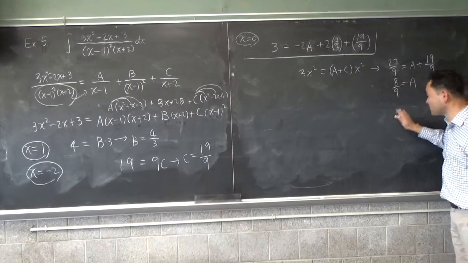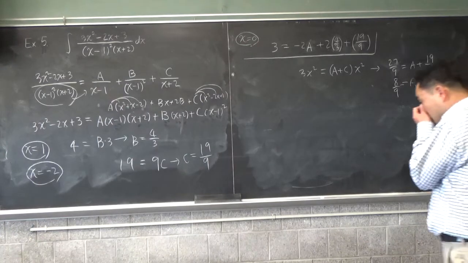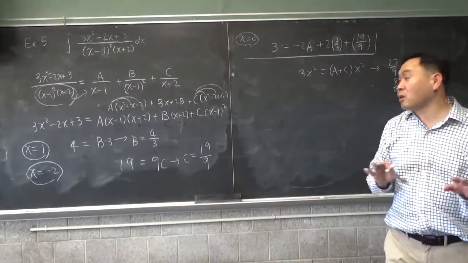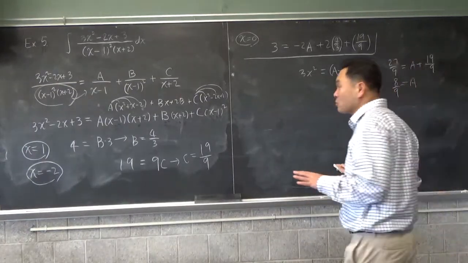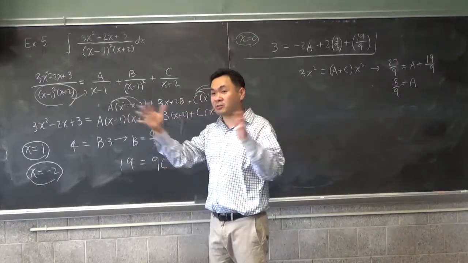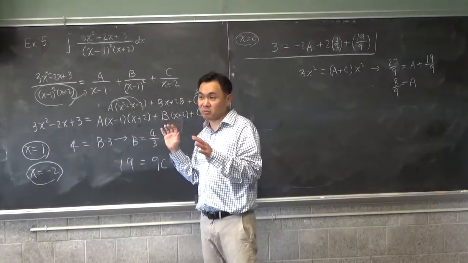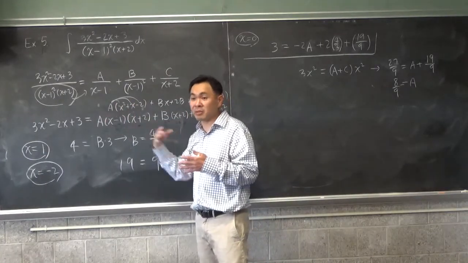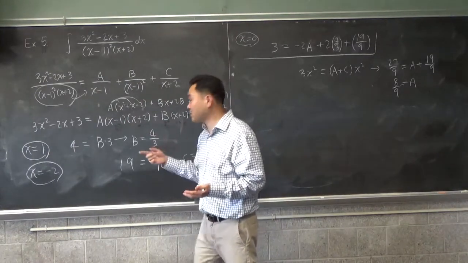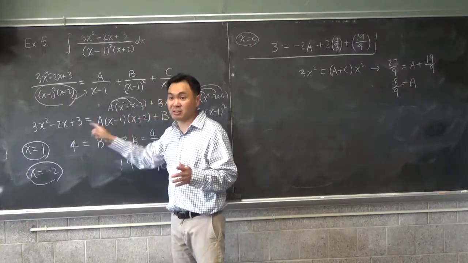Okay, that's not better. So what I'm trying to show you here is that there are two approaches to getting these unknowns. One is to expand everything, organize by like terms, and then compare the coefficients. So that's the coefficient comparison method. Another one is to exploit the fact that these two sides are equal as functions, therefore just plug in anything you can.